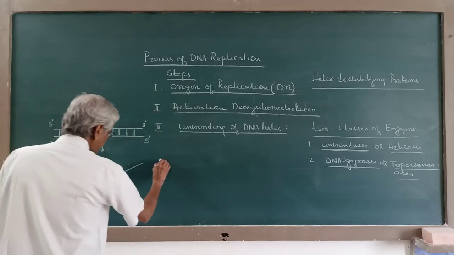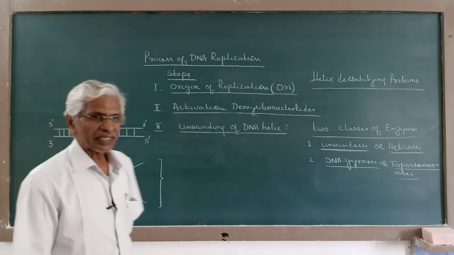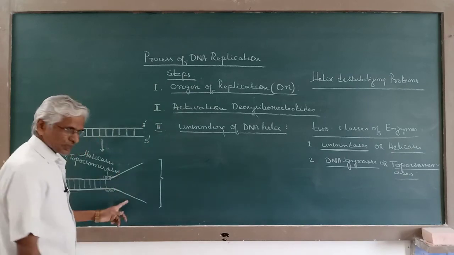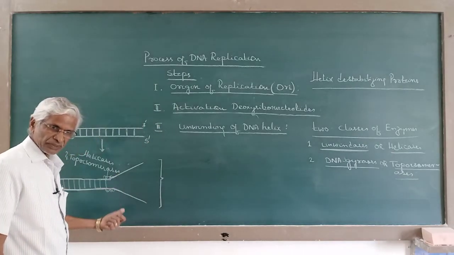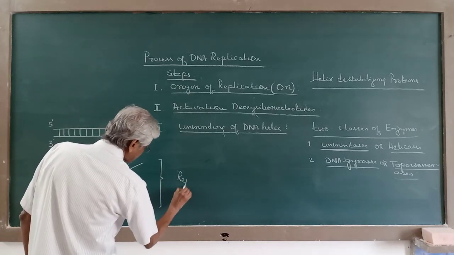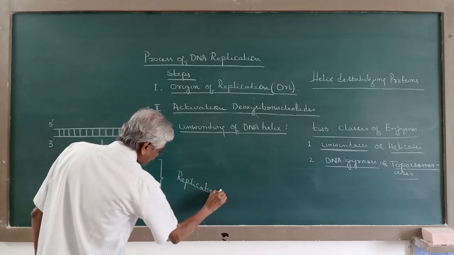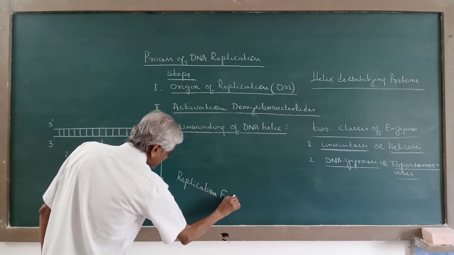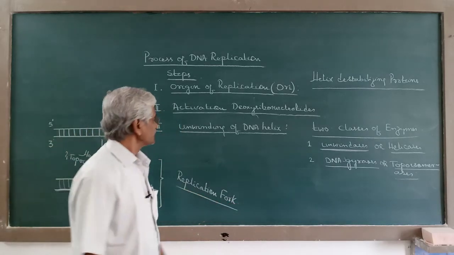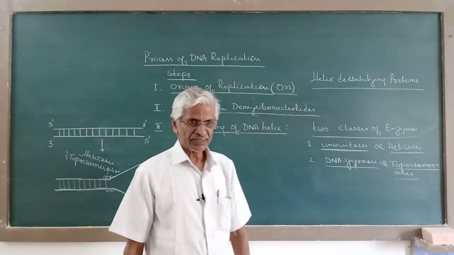Now this Y-shaped structure that is produced at one end where the DNA replication commences is called replication fork. So that is step 3, unwinding of DNA.